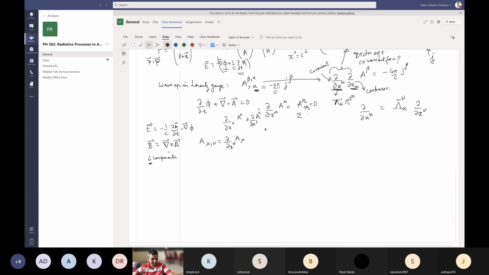What you have is this antisymmetric tensor called F mu nu, which is defined as, and here I'm using the covariant components of A, A nu comma mu minus A mu comma nu.